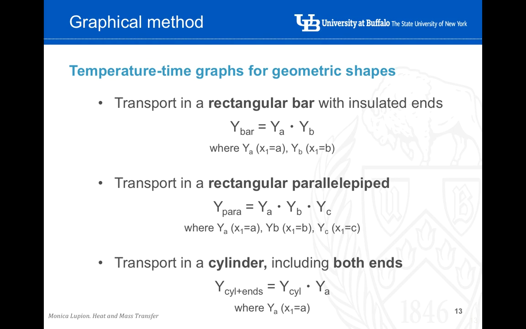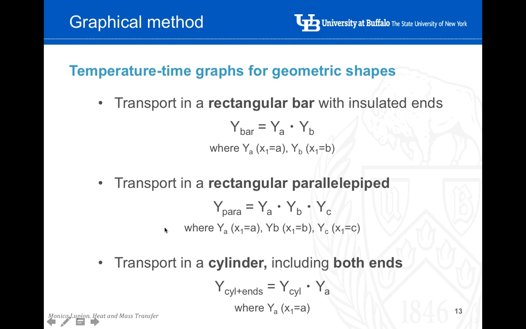Let's say that there is a rectangular bar with isolated ends. Then we calculate the y that we use to get into the chart for the case that the position is equal to one h and the other position is equal to the other h. And then the parameter y of the rectangular bar will be just ya times yb.